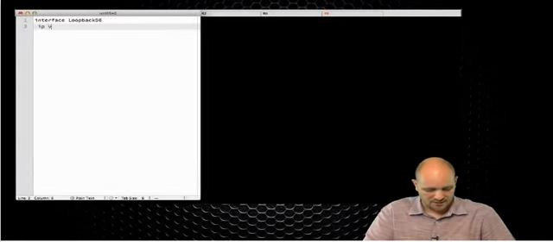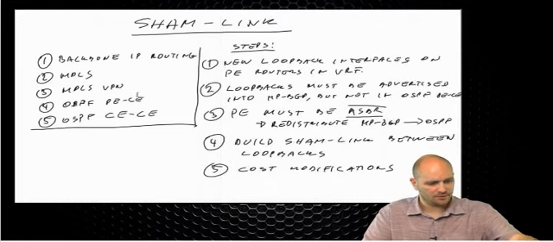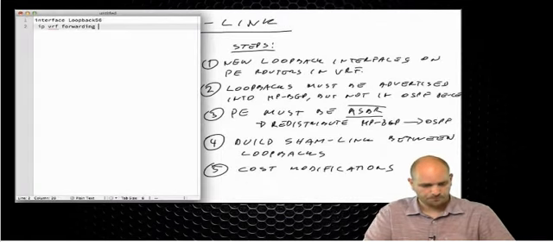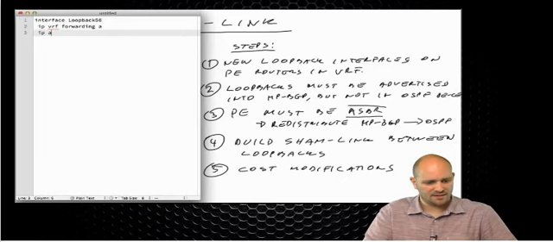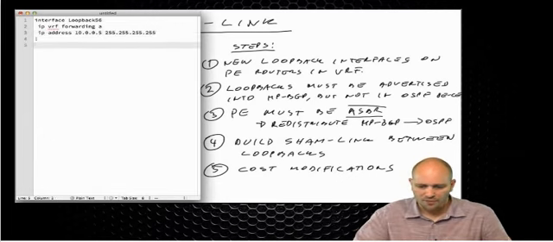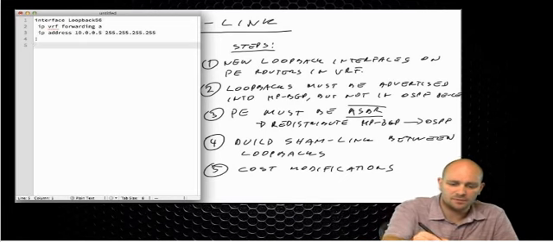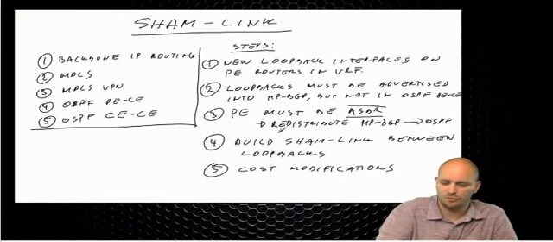So here I will say ip vrf forwarding A, and let's give it an IP address. So IP address 10.0.0.5. Now, one thing about these loopbacks here, and let me write that here as a prerequisite, I forgot to mention that.